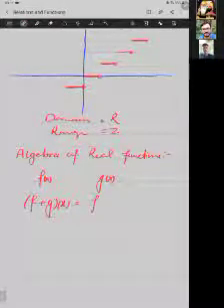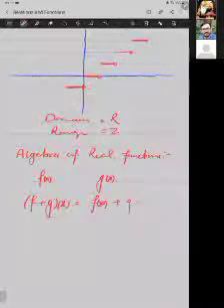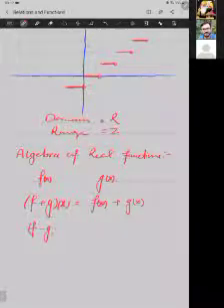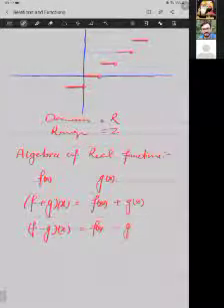It will be f(x) plus g(x). So this is said as the addition of two functions. In the same manner, if we need to go for the subtraction of two functions, then (f minus g)(x) will be f(x) minus g(x).